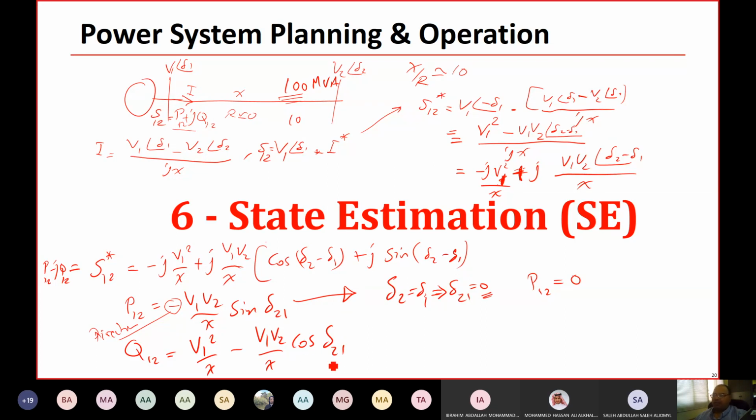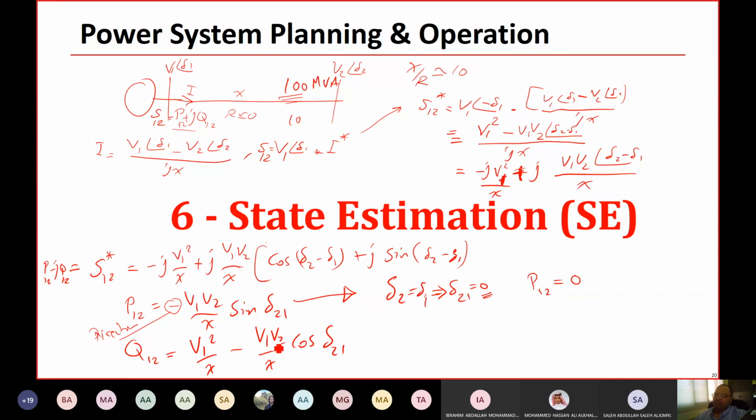Reactive power, as you can see here, depends on the cosine of this angle. If this angle is very low, then you have the difference here. If this is 0, V1 is almost equal to V2, let us say.